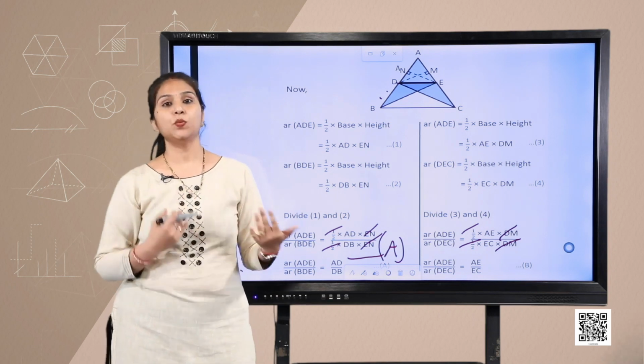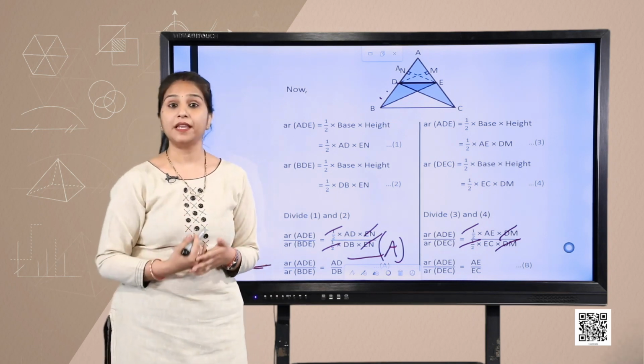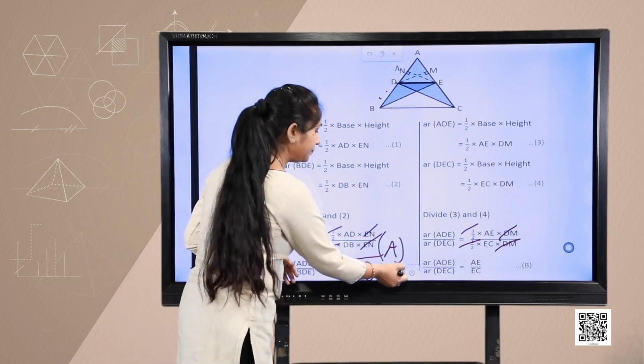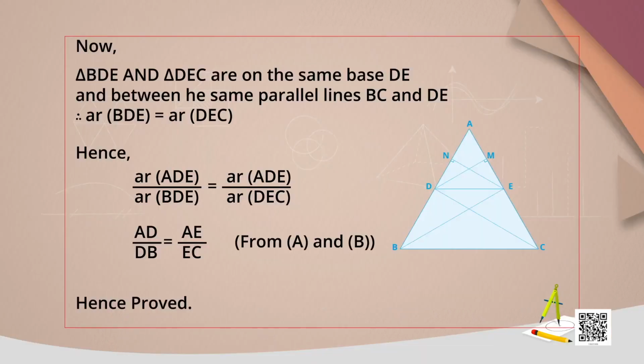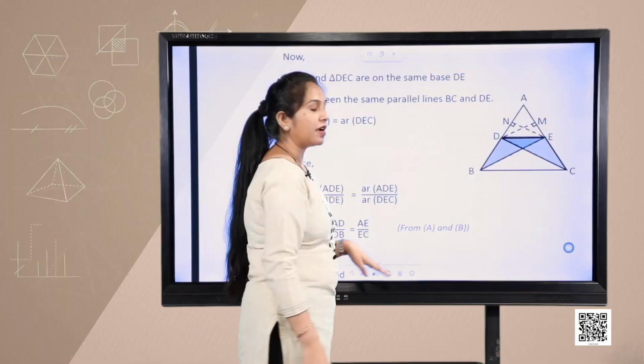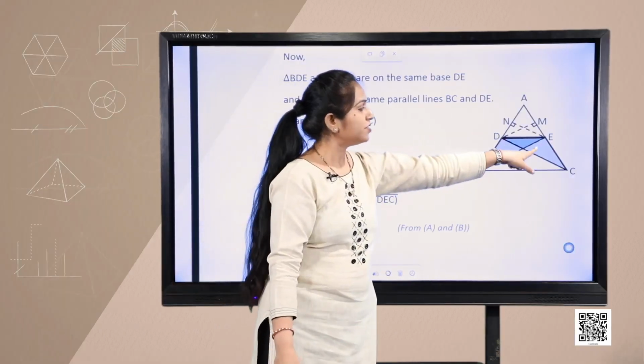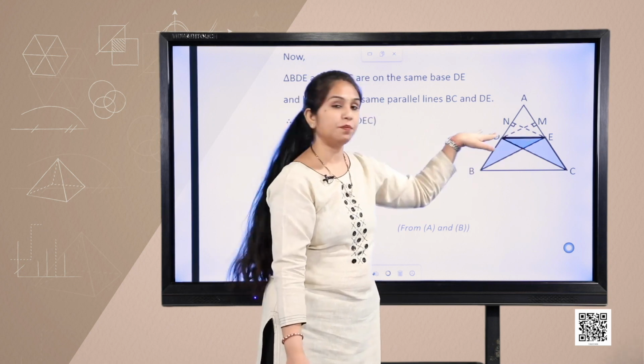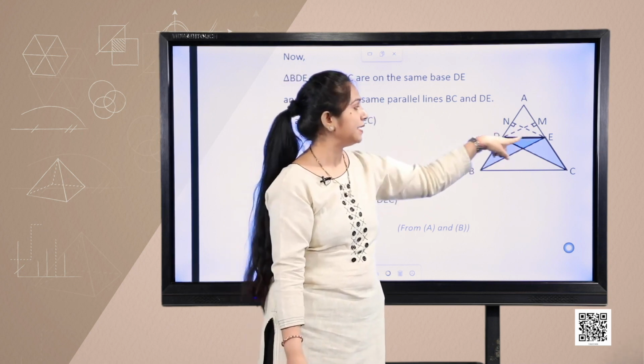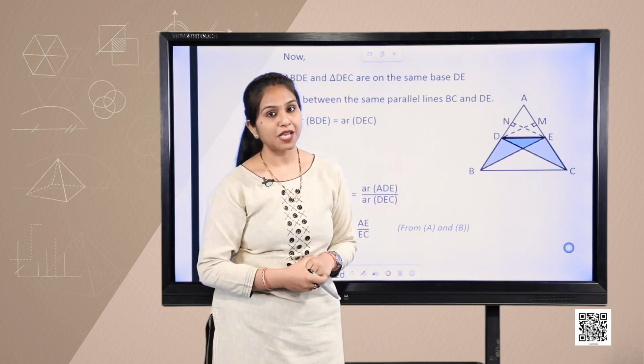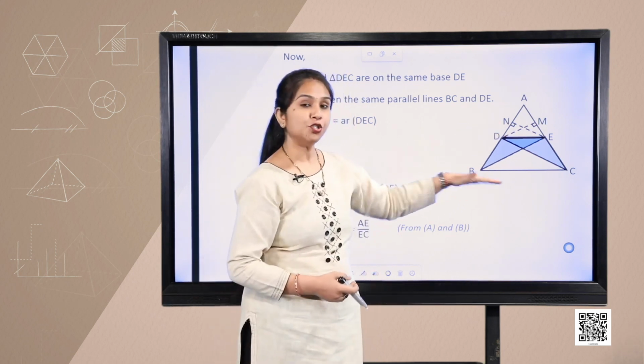Now let us see what we are getting in equation number A and B. So children, now you can see, if we focus only on this diagram, both the triangles are on the same base. The common base is DE, and it is given to you that DE is parallel to BC.